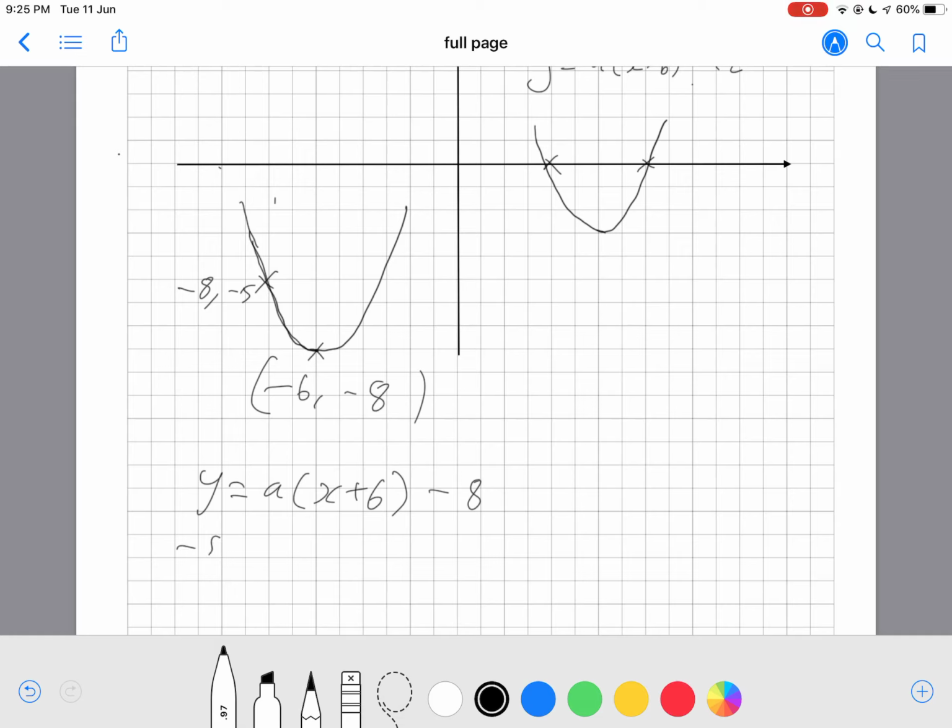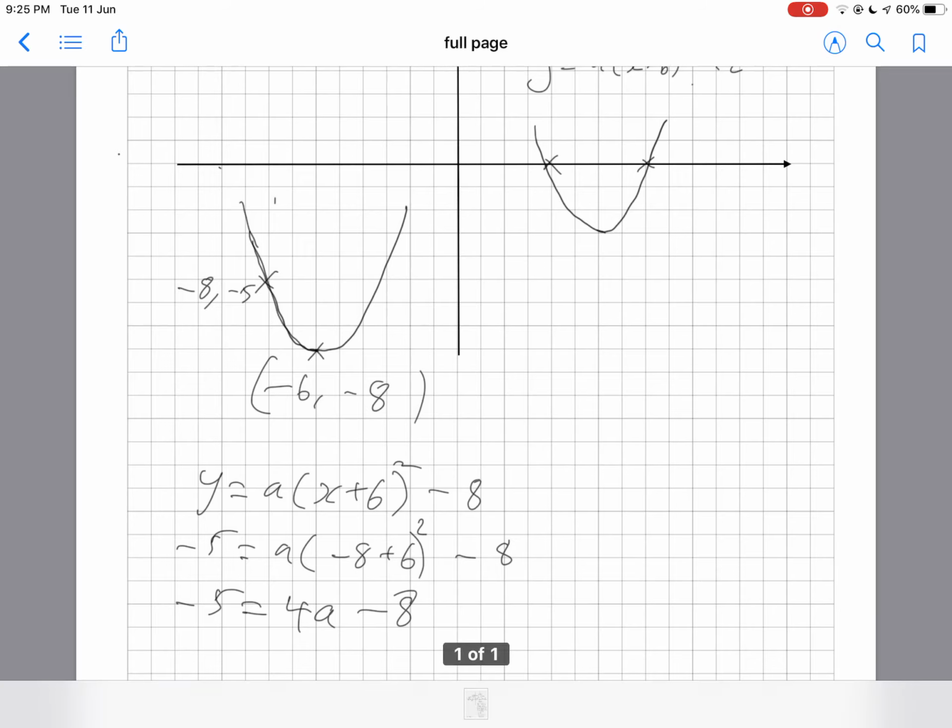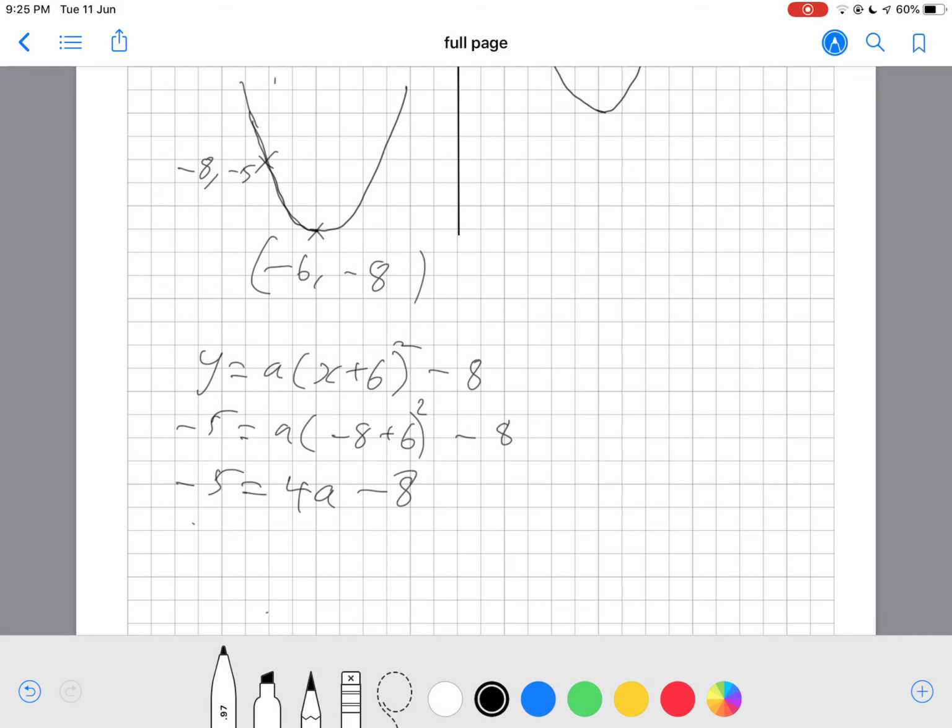So -5 equals a times (-8 plus 6) squared, minus 8. -8 plus 6 is -2, -2 squared is 4, so -5 equals 4a minus 8. Move the 8 to the other side, so 3 equals 4a. Therefore a equals 0.75. So our equation is y equals 0.75 (x plus 6) squared minus 8.